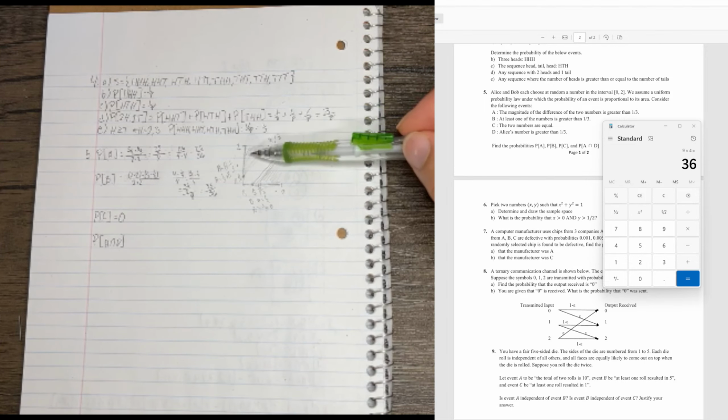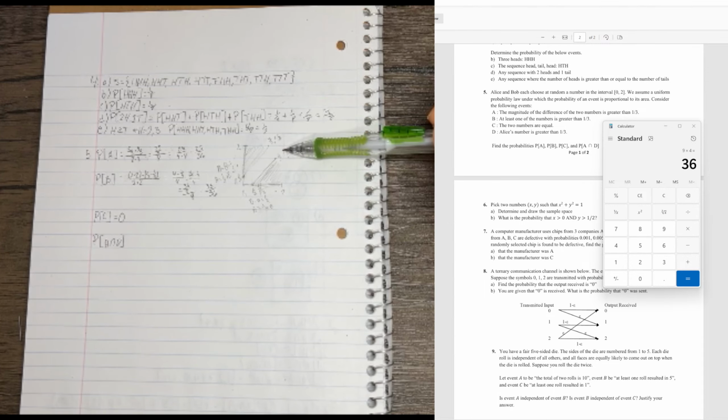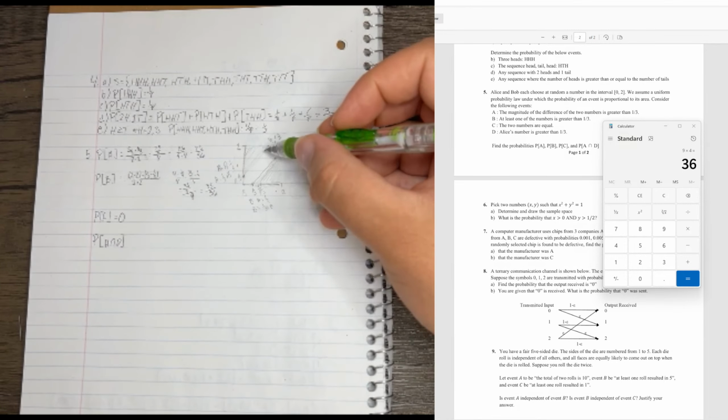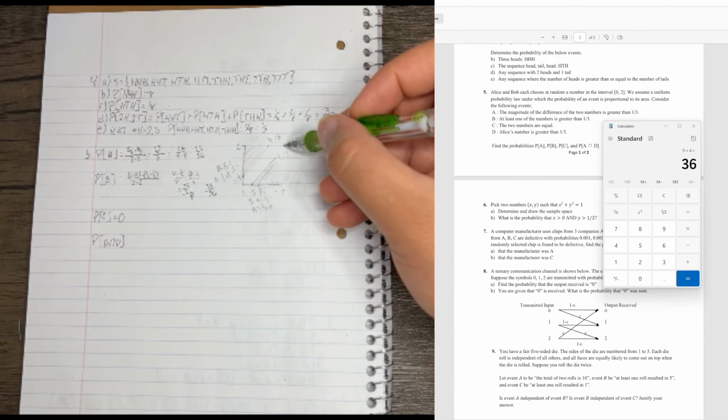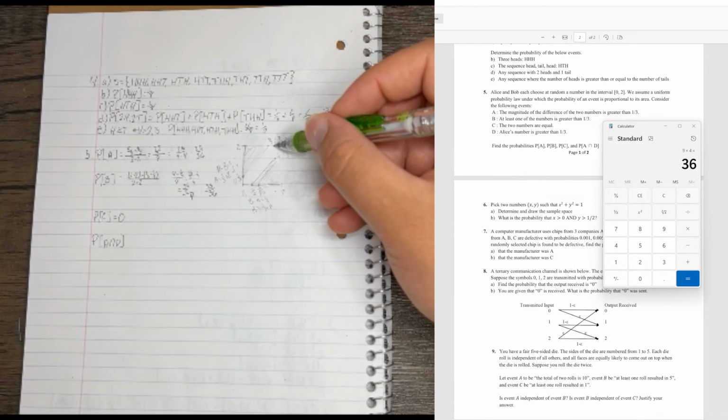If Alice picks, I mean, it's technically probably more like up here or something, but I don't know. If Alice were to pick 2, Bob would have to pick something like over here.